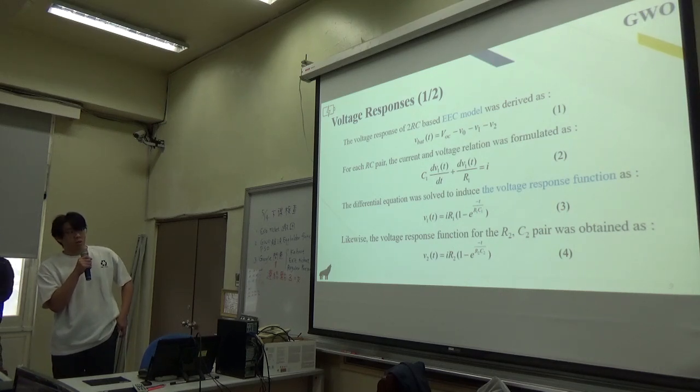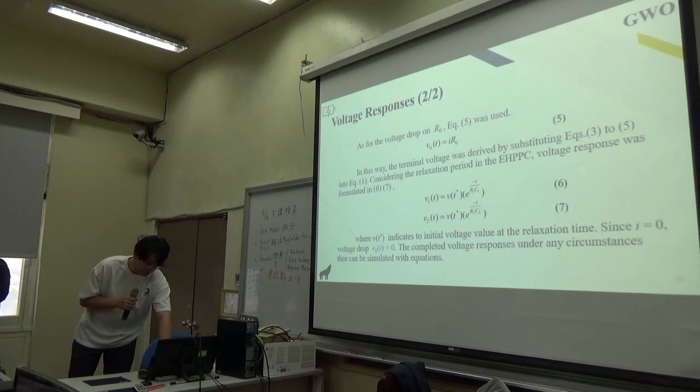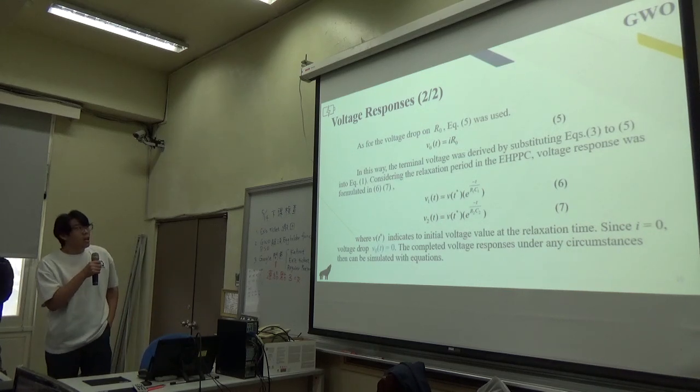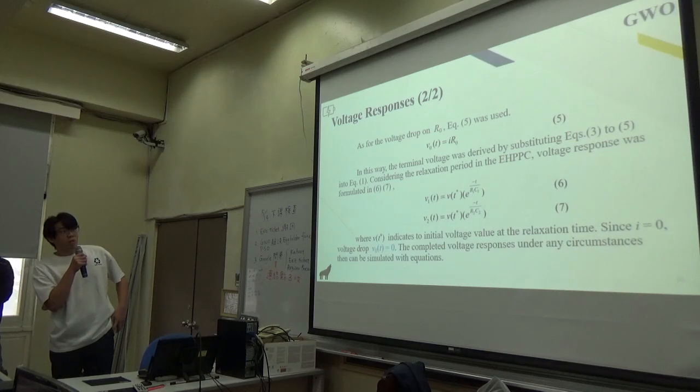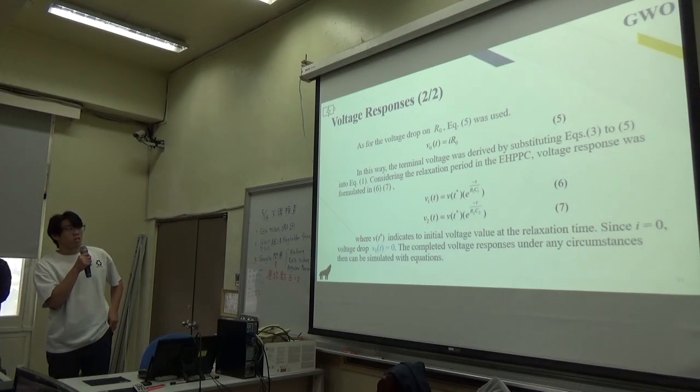Likewise, the voltage response function for the R2 and C2 pair was obtained as equation 4. As for the voltage drop on R0, equation 5 was used. In this way, the terminal voltage was derived by substituting equations 3 to 5 into equation 1.